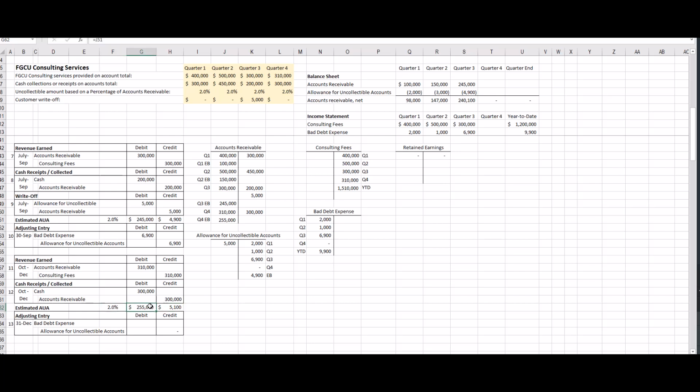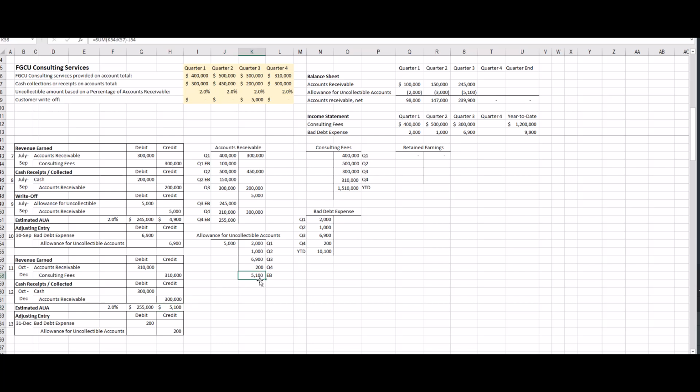Since the allowance for uncollectible account already has a credit balance of $4,900, our adjusting entry for the fourth quarter is for the $200 needed to increase the balance from $4,900 to $5,100.